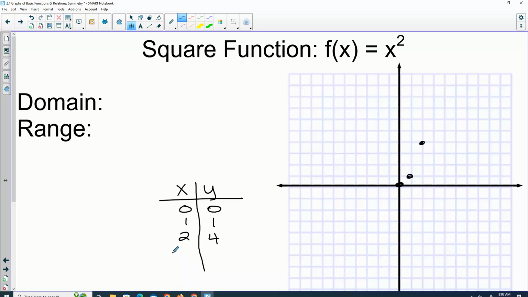If I put in negative 1, negative 1 squared. If I put in negative 2, negative 2 squared. If you wanted to, you could do 3 squared is 9, negative 3 squared is 9. So we're getting a parabola.